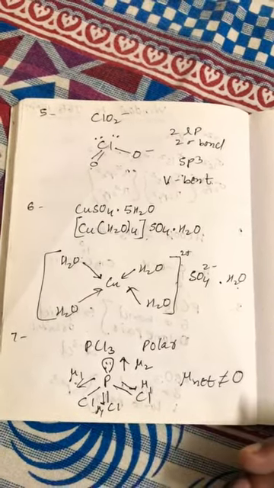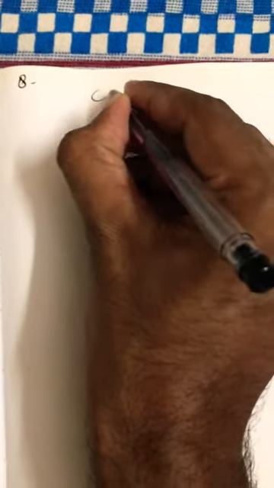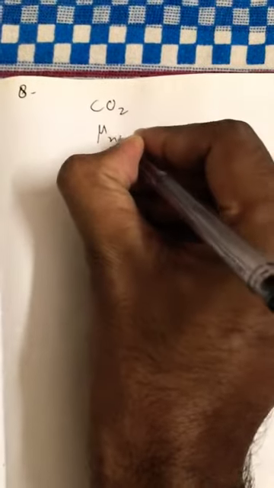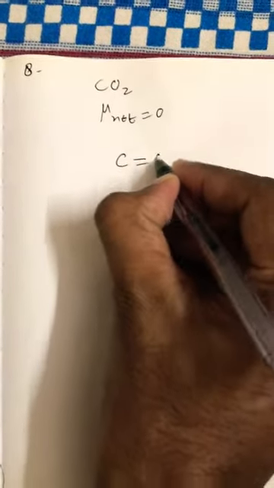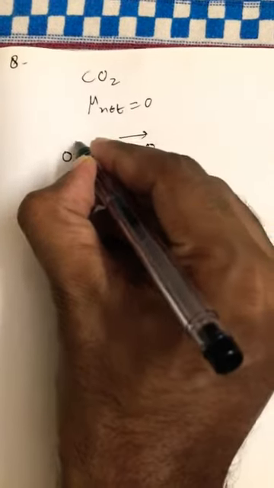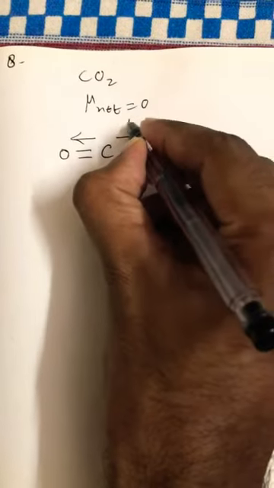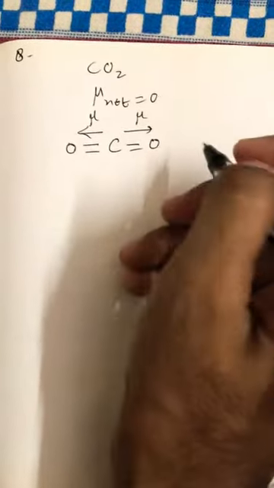That's why mu net is not equal to 0. Question number 8. Dipole moment of CO2 is 0 because in this case dipole moment will be at 180 degree. So mu net will be 0.